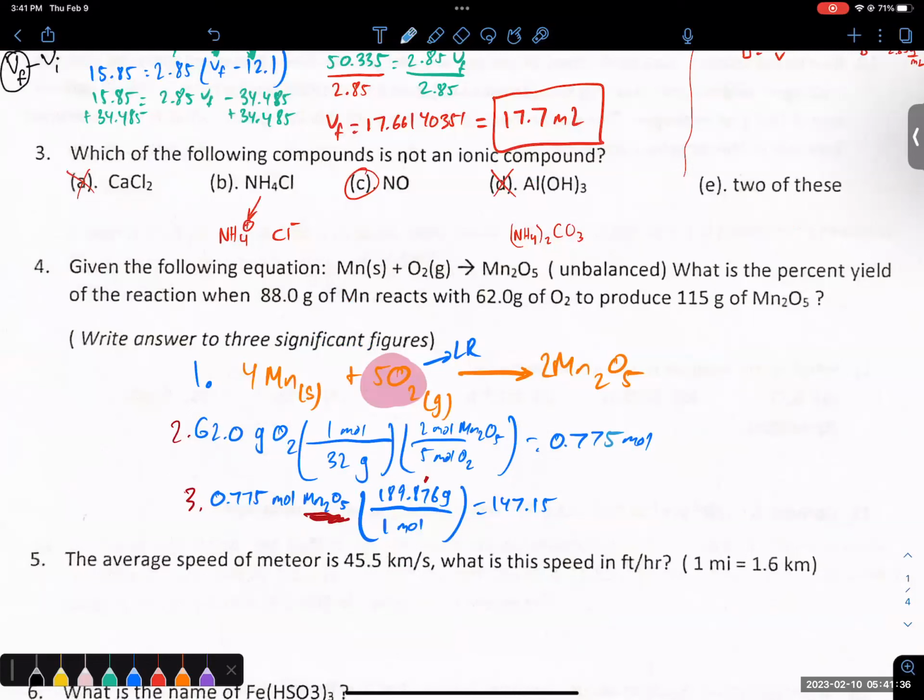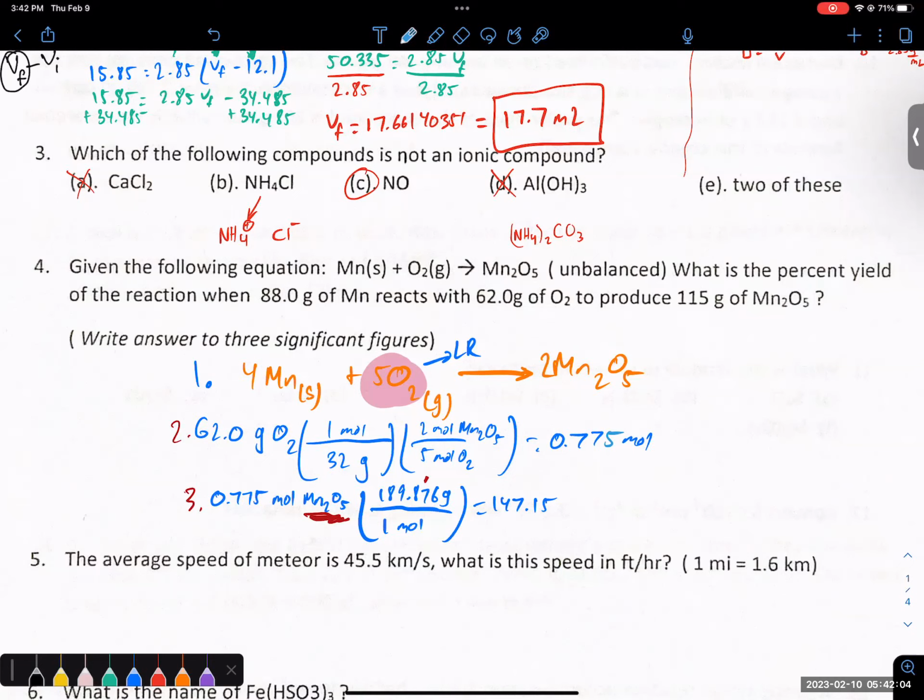So basically, when you react these together, however much quantity you use, the manganese and the Mn2O5 will always exist in a 2-to-4 ratio. That means however much magnesium you react it with, you're going to get approximately half manganese 5 oxide.